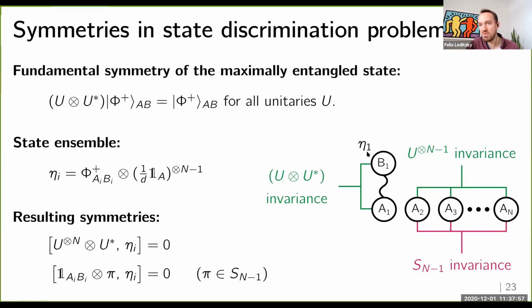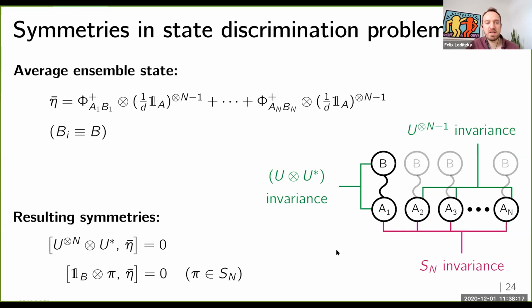I will actually get the eta 3 state. So I have this restricted permutation symmetry, meaning that if I have some permutation that acts on all A systems except for the A_i system, for the eta i state, this is again a symmetry of the problem.